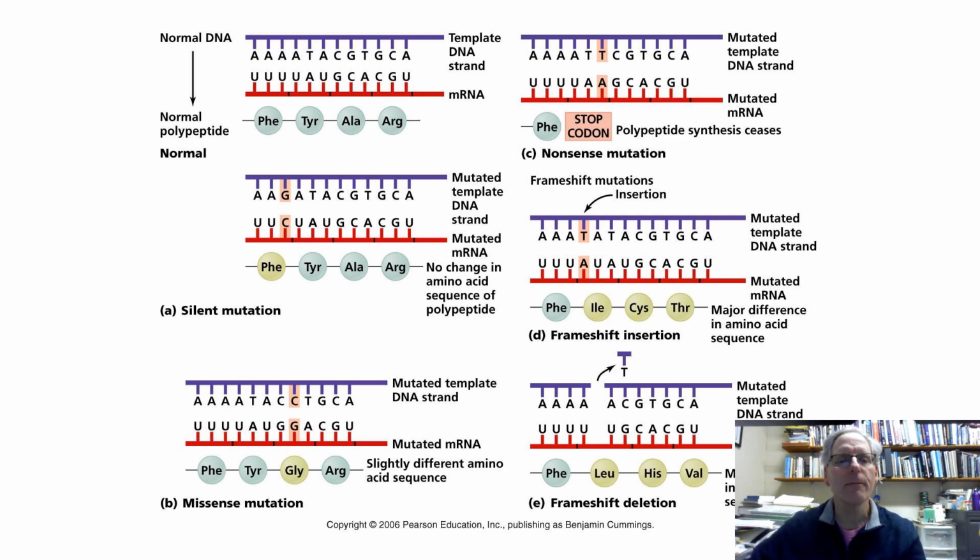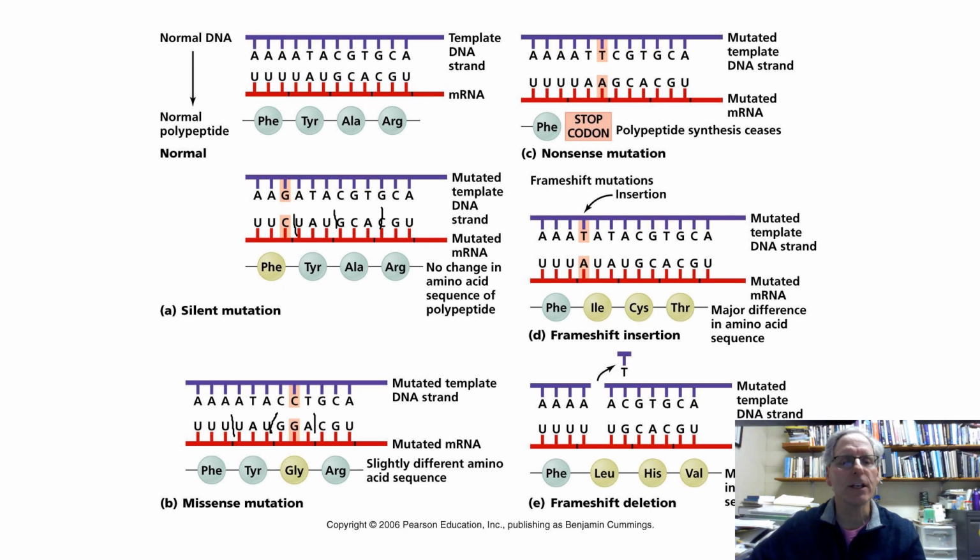You can see here, this sequence is UUC, UAA, GCA, GCU. If you have a change from GCA to GGA, so here we have UUU, UAU, GGA, GCA.